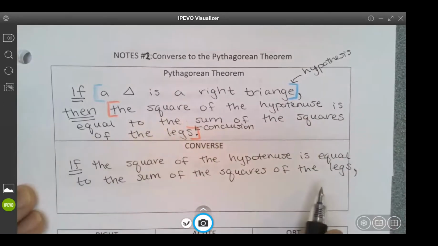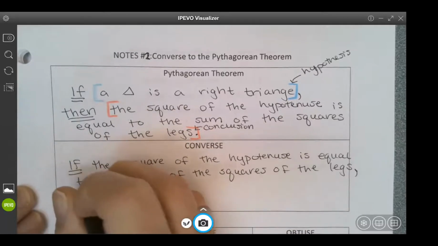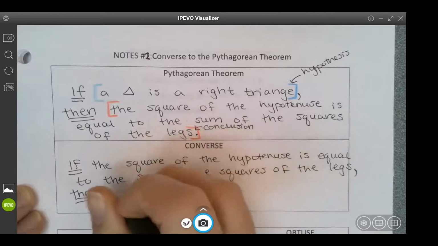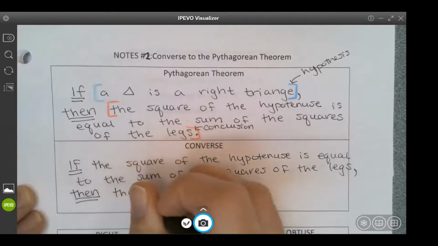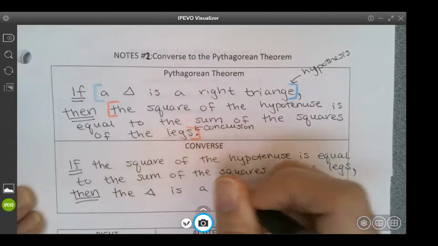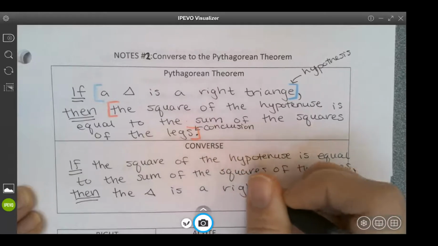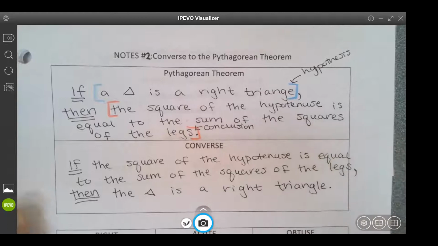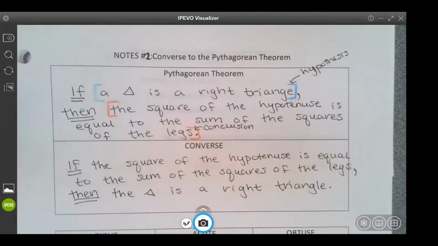If that's true, then flipping this around, the triangle is a right triangle. We'll give you a second to write that.